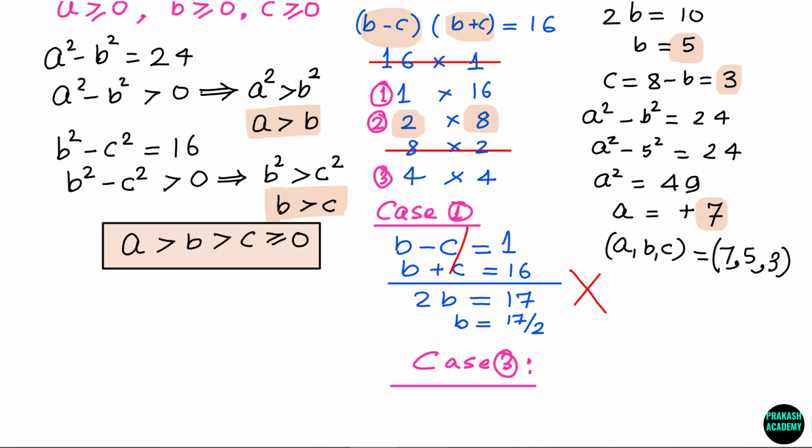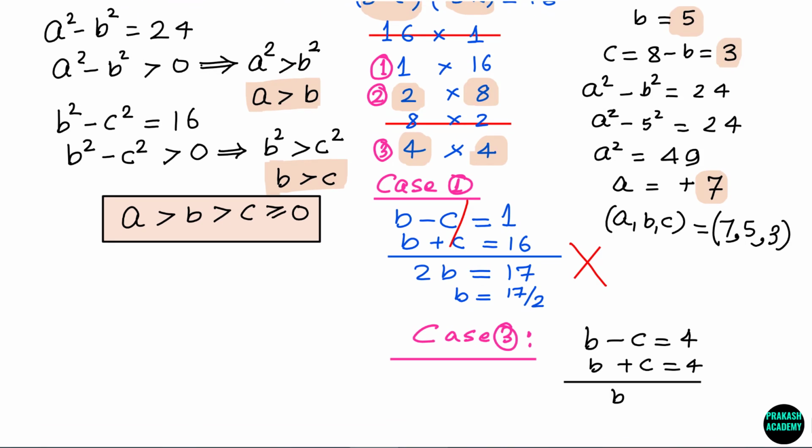In this case we will have b minus c is equal to 4 and b plus c is also equal to 4. This means 2b is equal to 8, so b is equal to 4. And then you will have c is equal to 0.